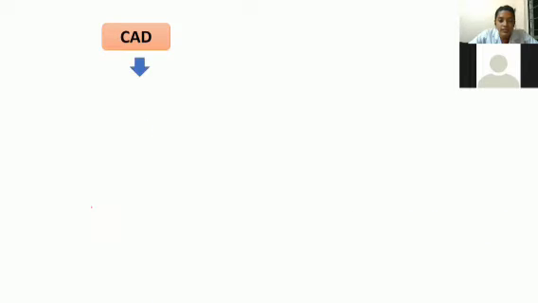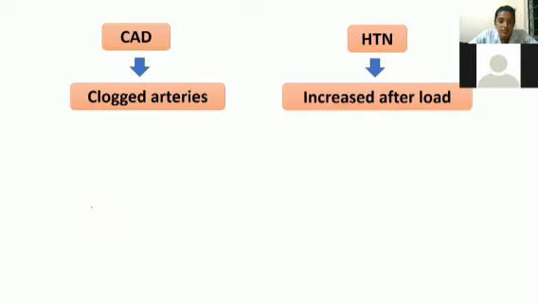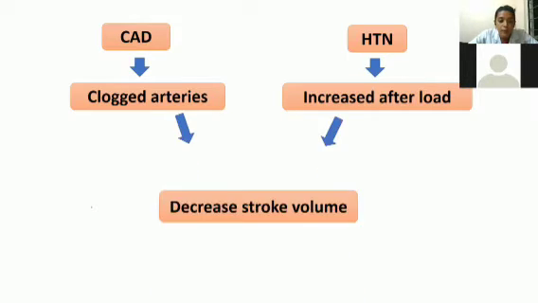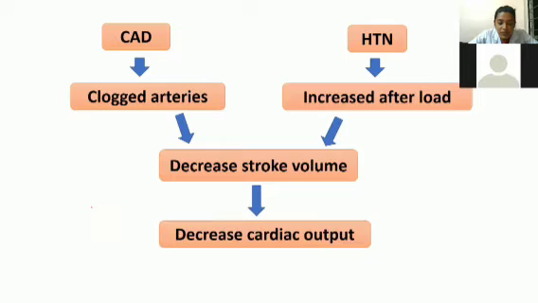As we already discussed, CAD or coronary artery disease is one of the major factors that will lead to clogged or blocked arteries. Or hypertension, as I already said, there will be increased afterload in hypertension. Both will lead to a decrease in stroke volume. That means a decrease in cardiac output.